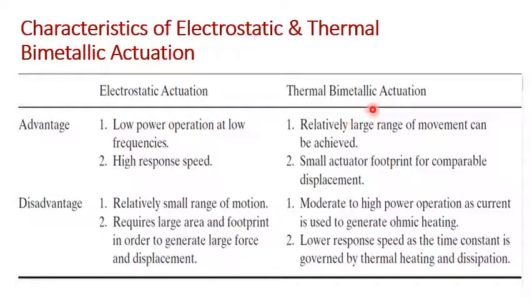In the case of thermal bimetallic actuation, the advantages are a larger range of movement can be achieved and a smaller footprint is required for comparable displacement. But the drawbacks of thermal actuation is that you require moderate to high power operation as current is used to generate ohmic heating, and at the same time the response speed is lower because the time constant is depending on the factors of thermal heating and dissipation.